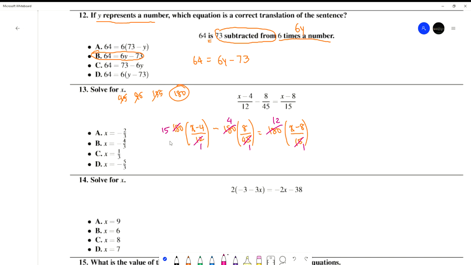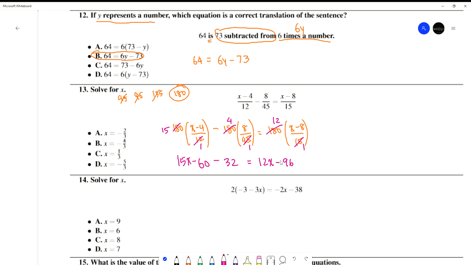Now I'm going to distribute: 15 times x minus 4 gives me 15x minus 60. And then 4 times 8 is 32, so this is minus 32 is equal to 12 times x minus 8 is 12x minus 96, right? So it's a one variable linear equation now. Okay? I'm going to gather my x's on the left hand side.